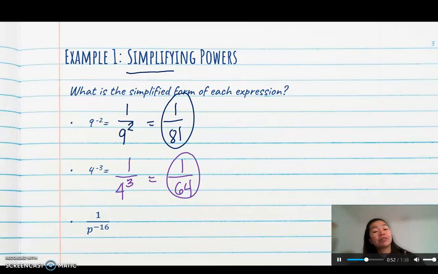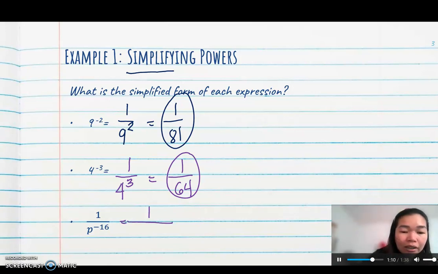Third example, if you see that your negative exponent is in a fraction and it's in the denominator, don't be confused. I'm going to show you the long way and then also the shortcut. So again, let us rewrite it as 1 over p to the 16th power.